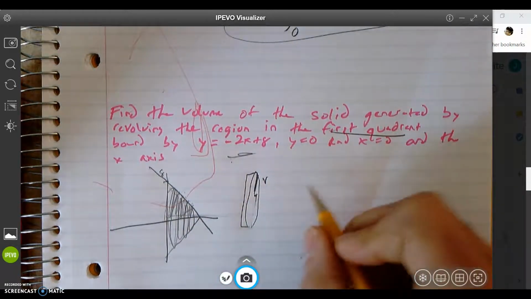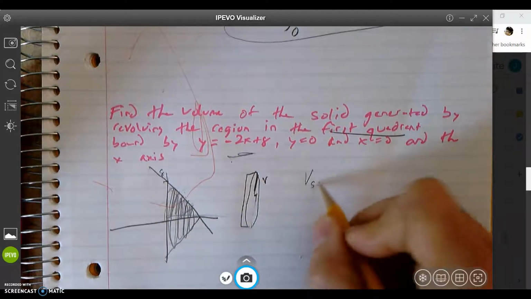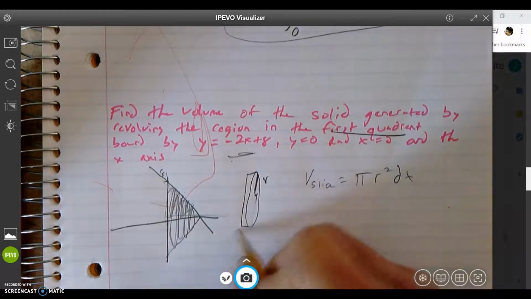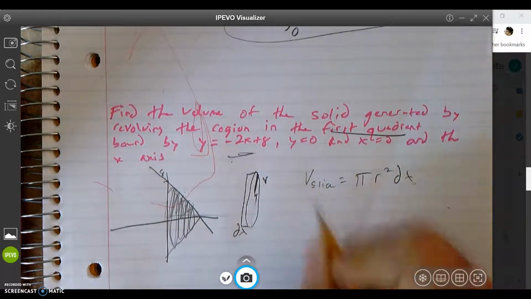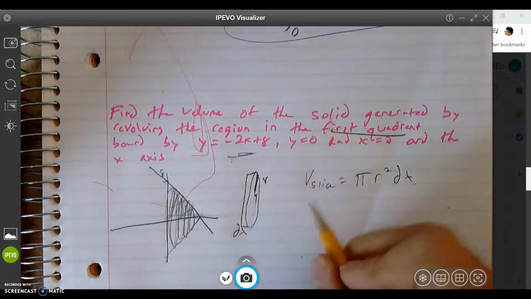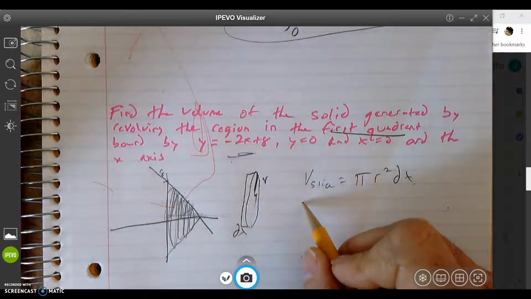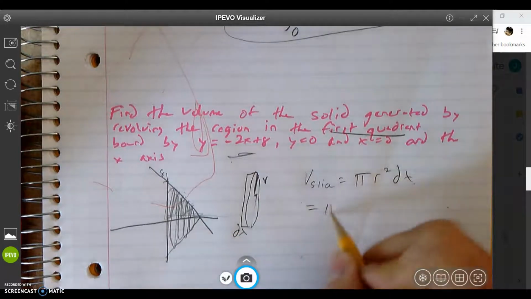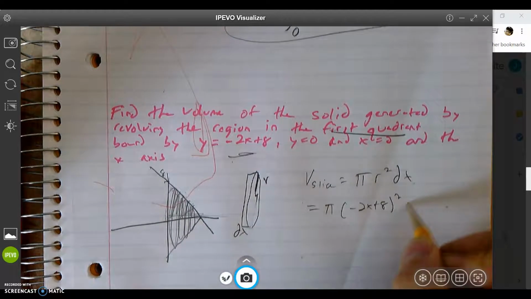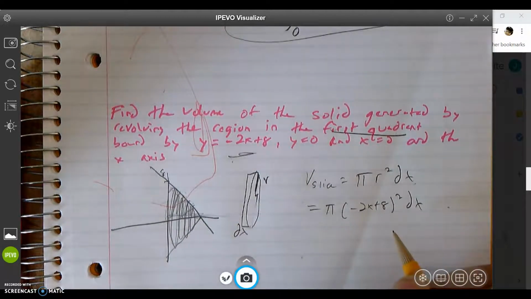So my volume of a slice is going to be pi r squared dx, infinitely small width, because there's an infinite amount of circles that we're making. So it's going to equal pi times (negative 2x plus 8) squared dx.